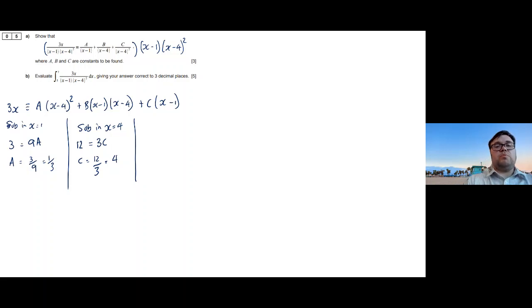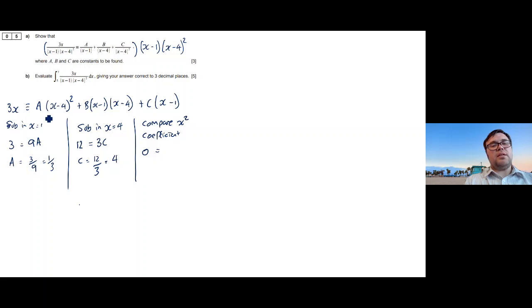I prefer not to, because if I don't substitute something in, then I'm going to be able to do it easier by comparing the x squared coefficient. In doing so, there is no x squared on the left hand side, so we have 0 equals.